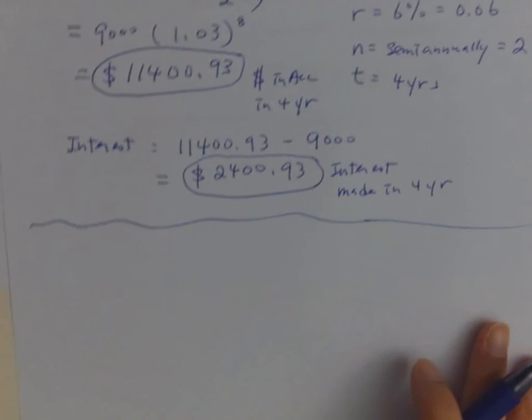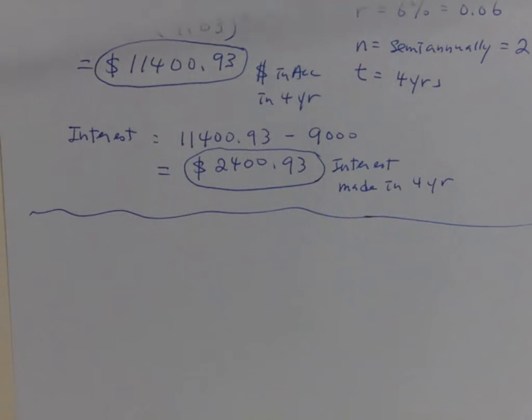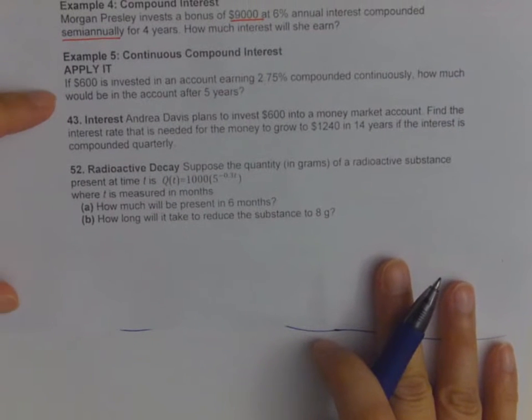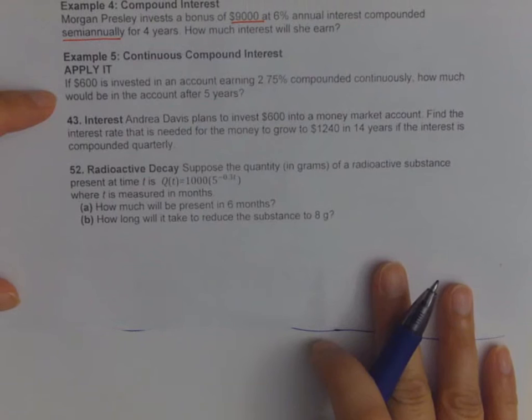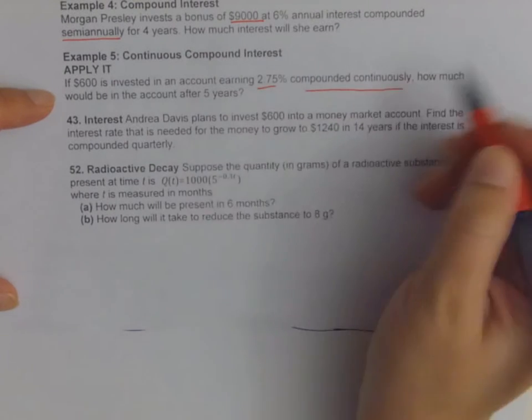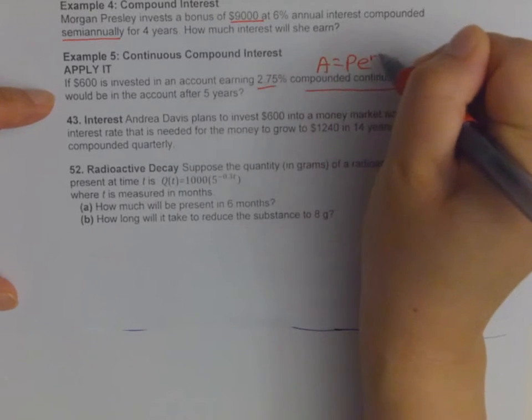That's number 4. Let's look at number 5. Number 5 says continuous compounding interest. You have $600 invested in an account earning 2.75% compounded continuously. So that is the one with the Pert, right? A equals Pe^(rt).